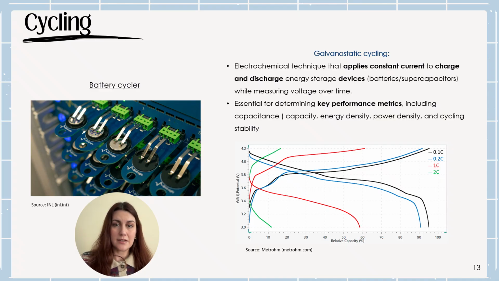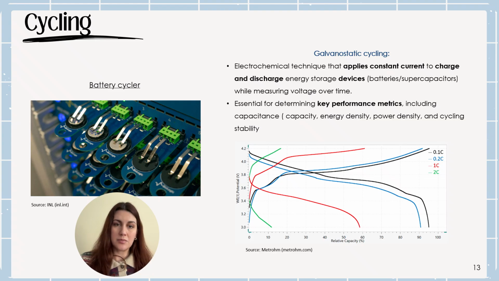Another important term that we see here is the C rate, as shown here. So the C rate tells us how fast the battery is charged or discharged relative to its nominal capacity. A 1C rate means the full theoretical capacity is reached in 1 hour. A 0.5C rate would take 2 hours, while a 2C rate would take only half an hour.